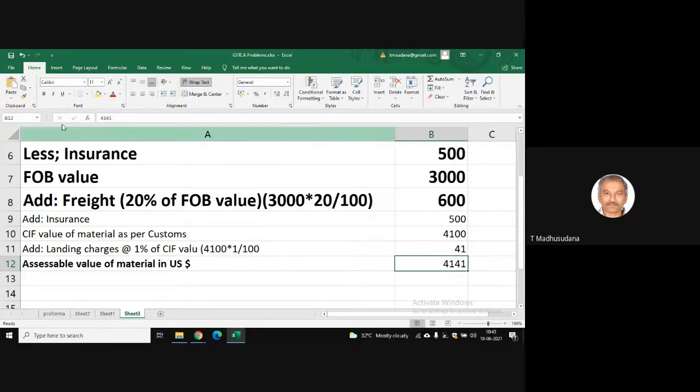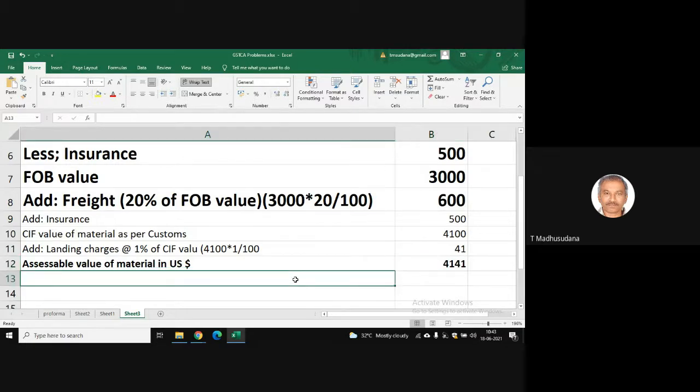Okay, but we have to calculate the assessable value of material in Indian rupees. So to convert this US dollars value into Indian rupees, what do we require? We require to have the exchange rate.